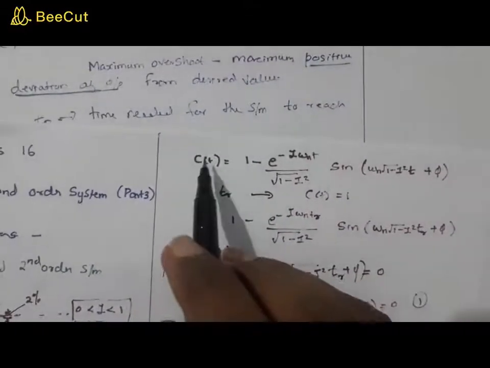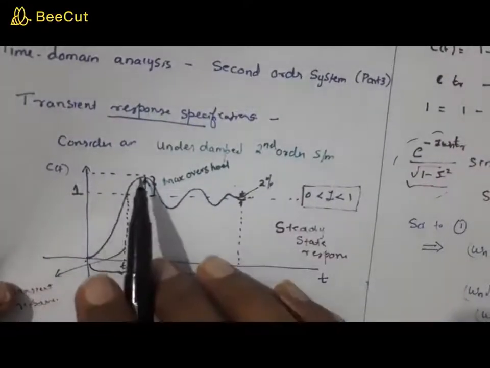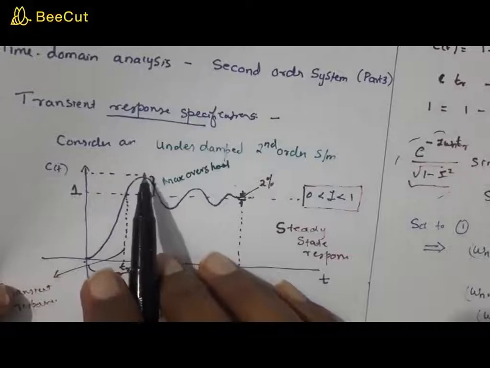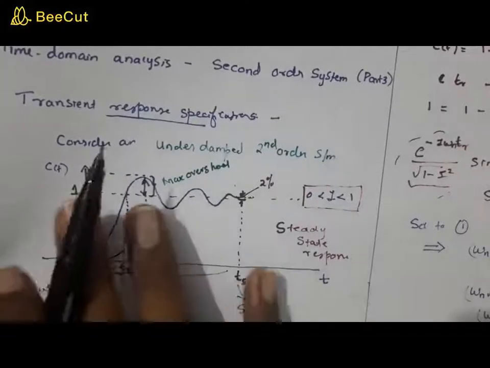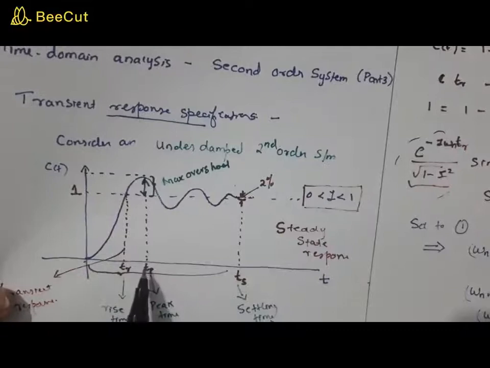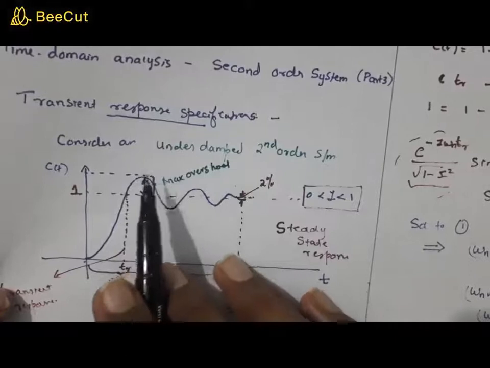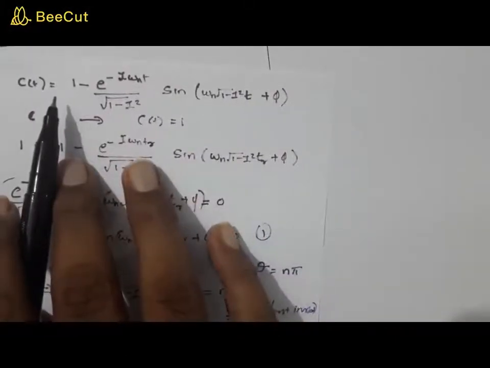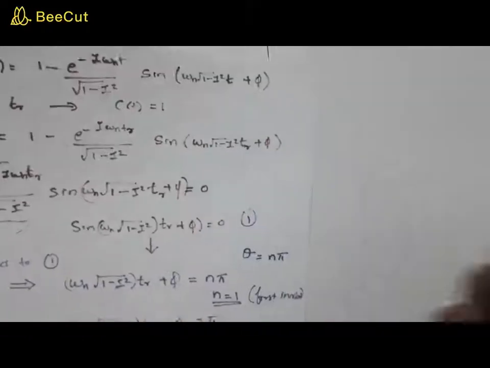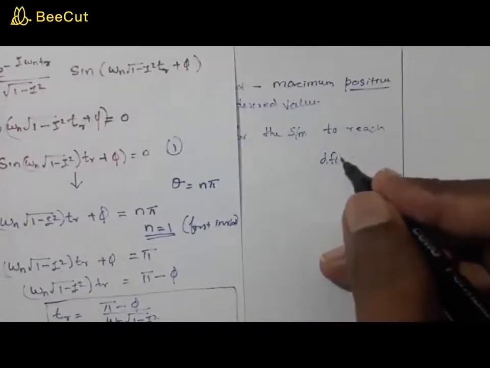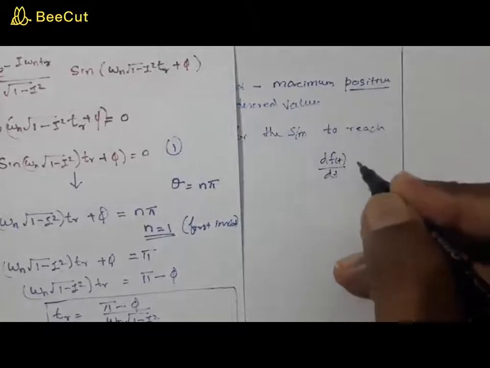Now, how will you get this TP by using this expression? This is the maximum value this C of t can have, right? If you look at this graph, C of t does not go higher than this maximum overshoot at any time other than this TP. So you can find the condition for C of t to be maximum. How will you find the condition for a function to be maximum? You take the derivative of that function and equate it to 0.